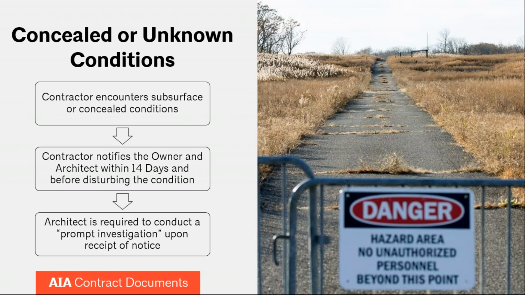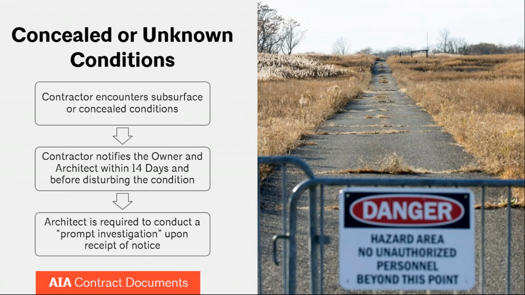It's just that a certain amount of information is going to be hidden until you actually start digging around in the dirt or tearing apart an old building in order to do a renovation of some sort. So the A201 sets up a process to assure that problems are addressed and resolved as quickly as possible and to allow the work to proceed.